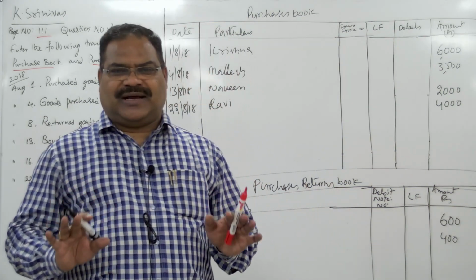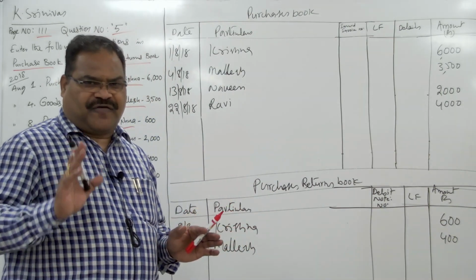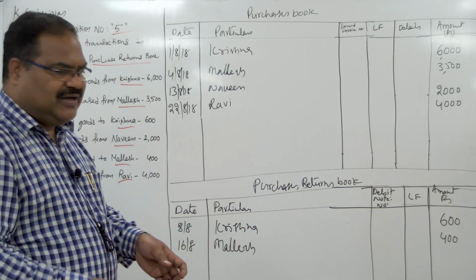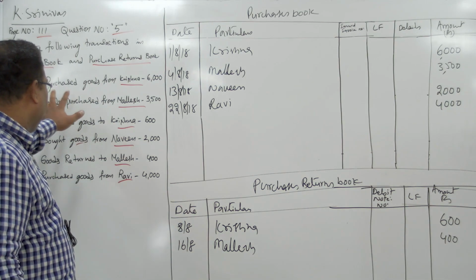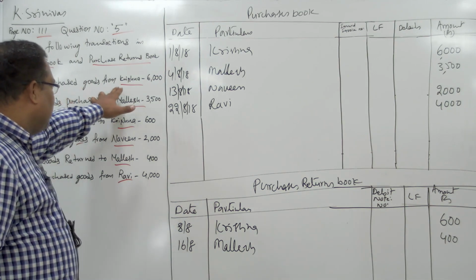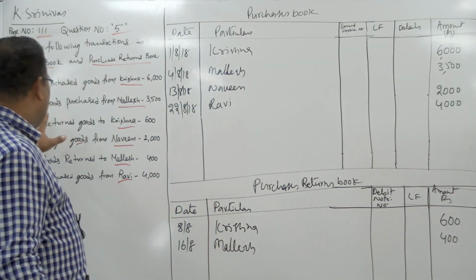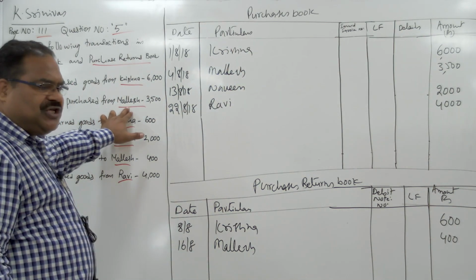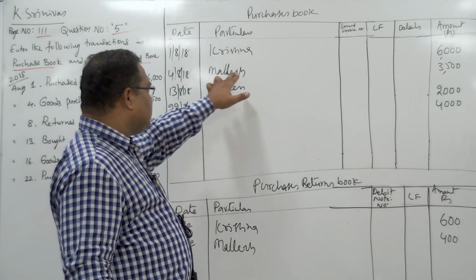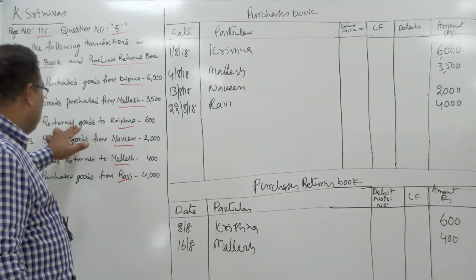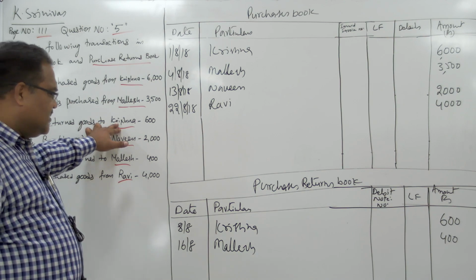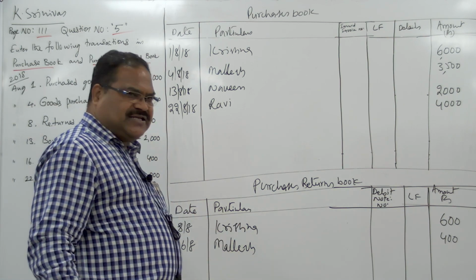I hope you got the concept. For your information, I will go through it once. Purchased goods from Krishna, we have taken in the purchase book. Goods purchased from Malaysia, taken in the purchase book. Returned goods to Krishna, purchase returns, taken in the purchase returns book.